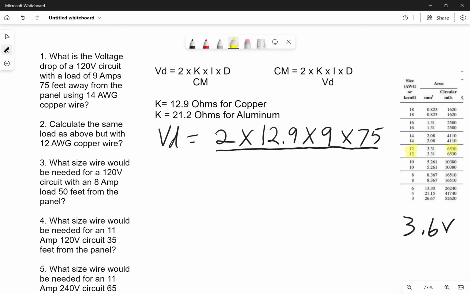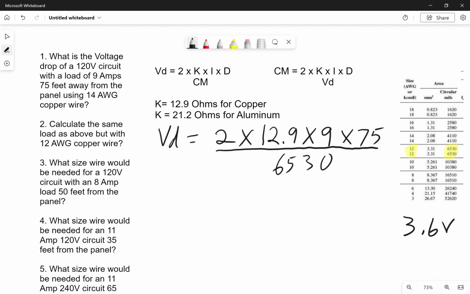So number 12, circular mills, 6,530. And so then we're going to multiply 2 times 12.9 times 9 times 75 to get 17,415.